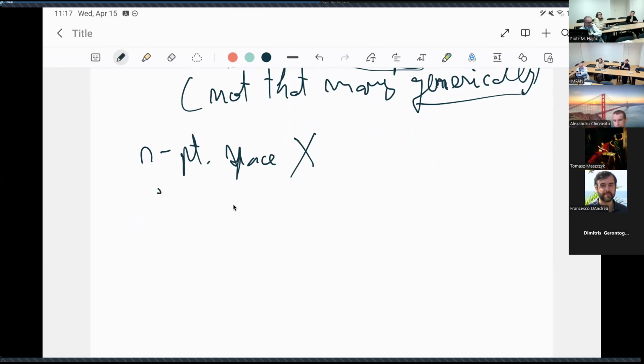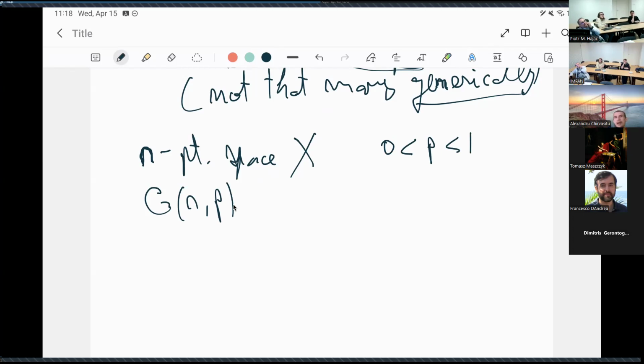Maybe I want to call it G(n,p). n is the number of points, and p is some probability. This is the original, I think, random graph model invented by Erdős and Rényi.